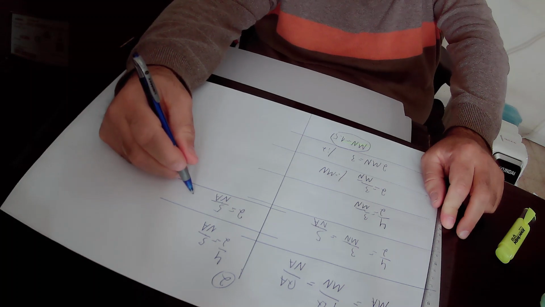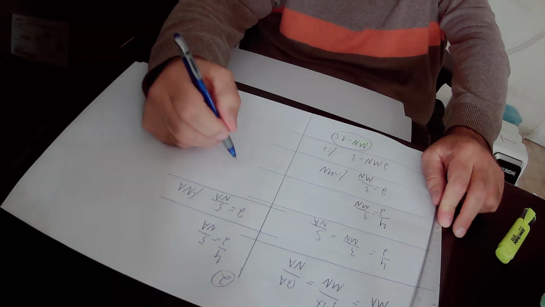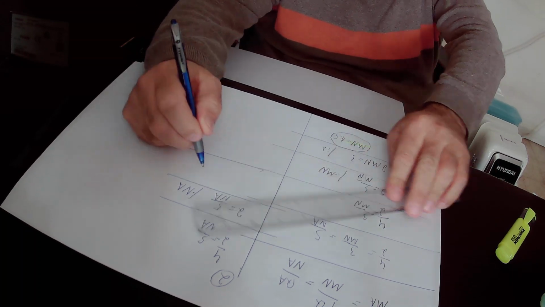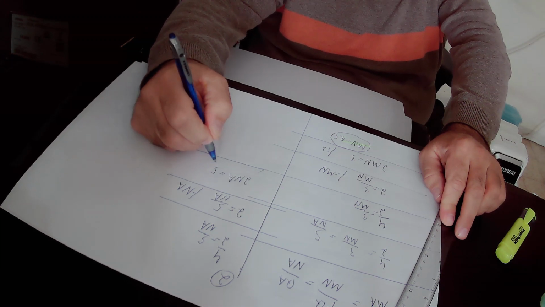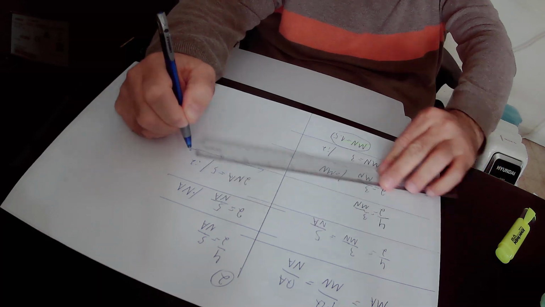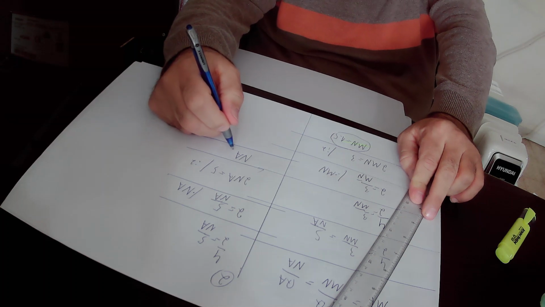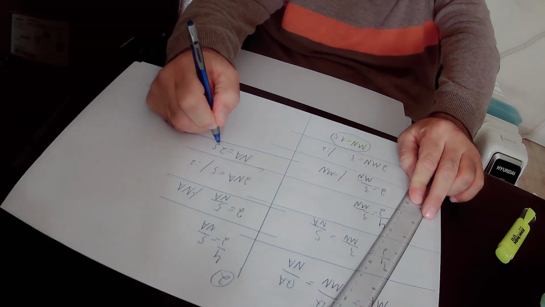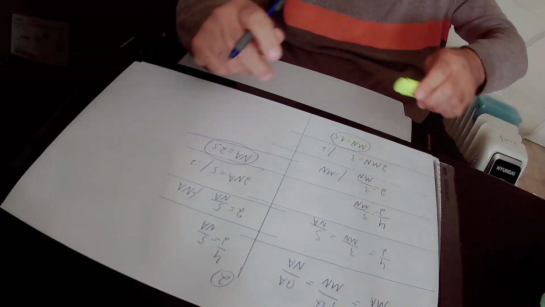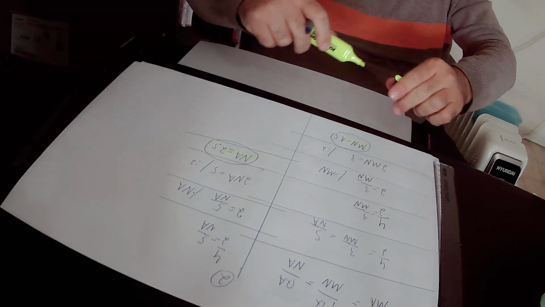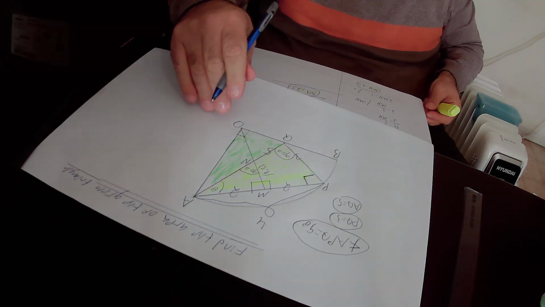We multiply this equation by NA and get that 2 times NA equals 5. We divide by 2, and finally NA equals 5 over 2, which is 2.5. NA equals 2.5 units in its length. I will write it down.